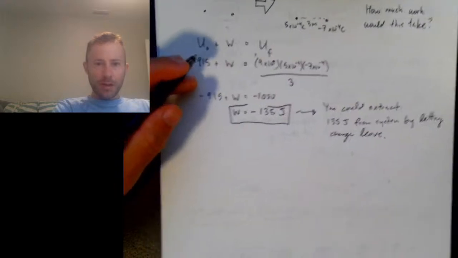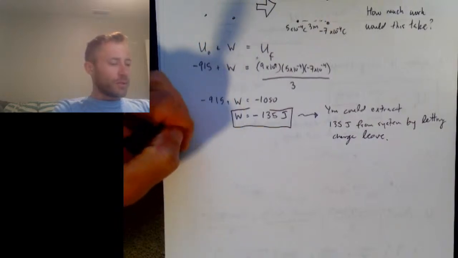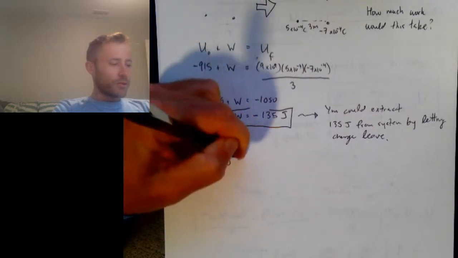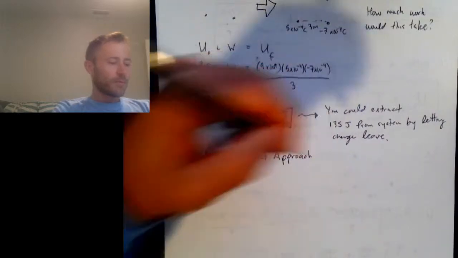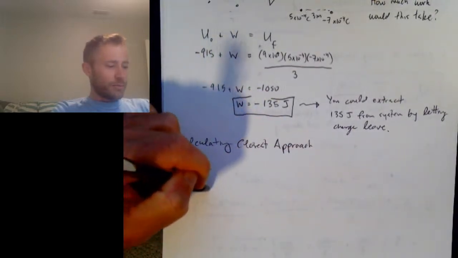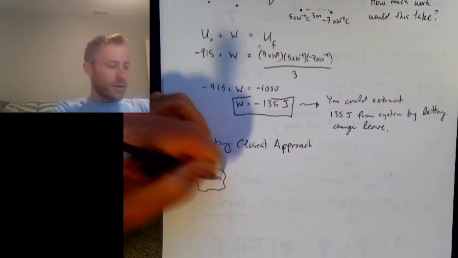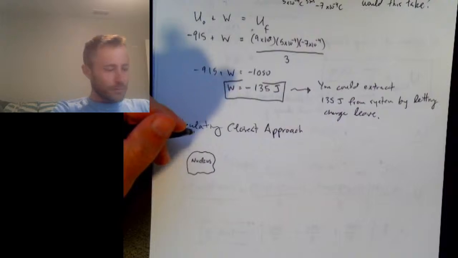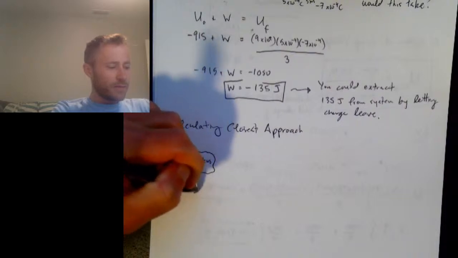Another type of problem that I would like you to know how to solve is calculating the closest approach. So what if we have a nucleus? Okay, so this is a nucleus, and the charge of the nucleus is plus Ze.